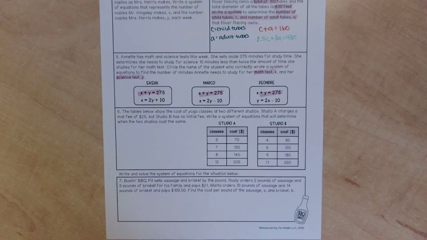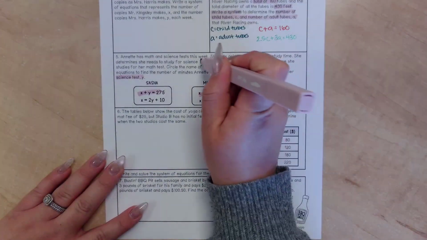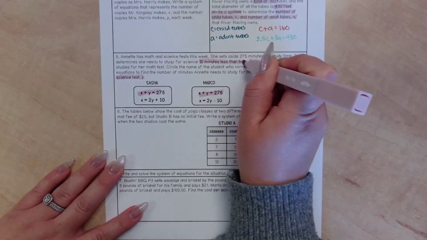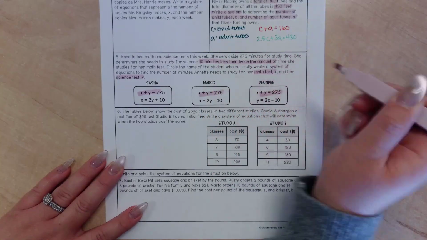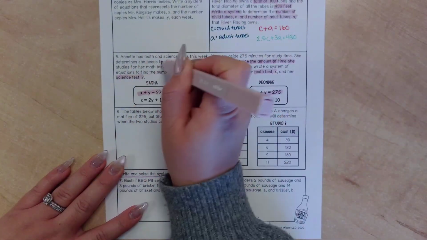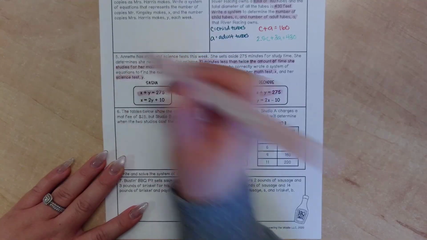Let's go read those constraints again. She determines she needs to study for science 10 minutes less than twice the amount she studies for her math test.